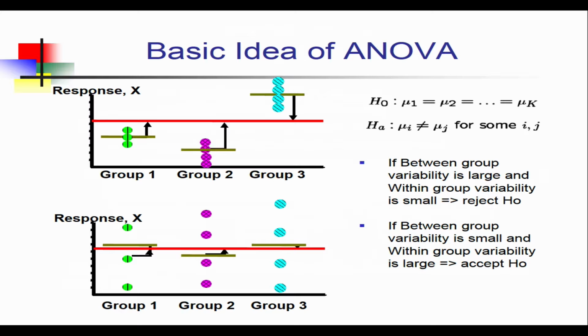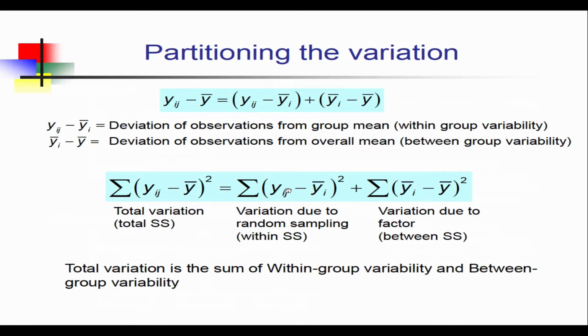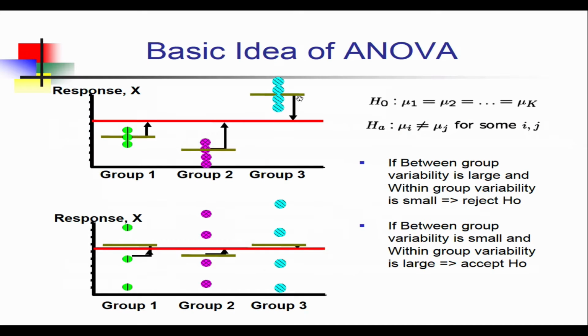Look at this picture. Within each group, all the samples are clustered. Their variability is small, very concentrated. So this quantity, each individual minus its group mean, is going to be small. This variation within group, due to random sampling, is small.